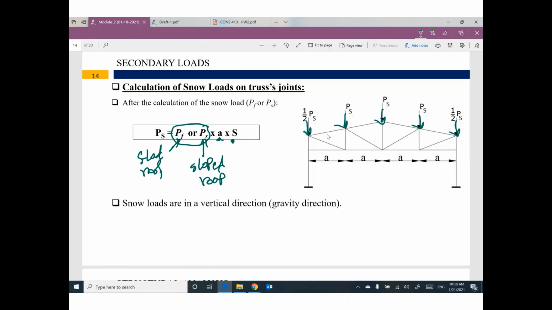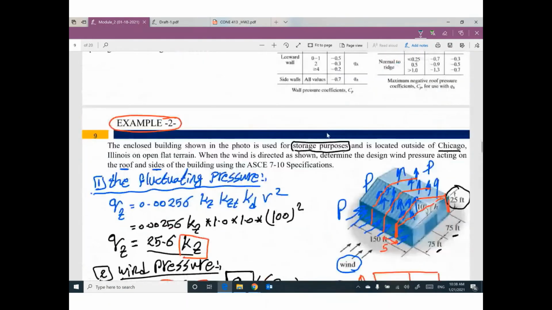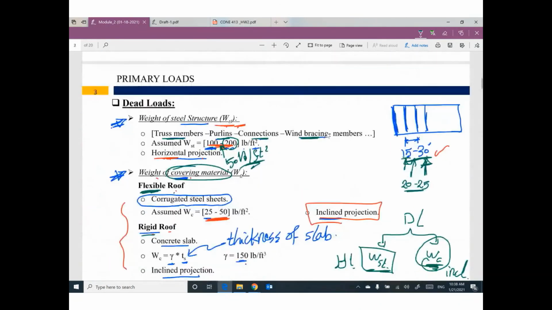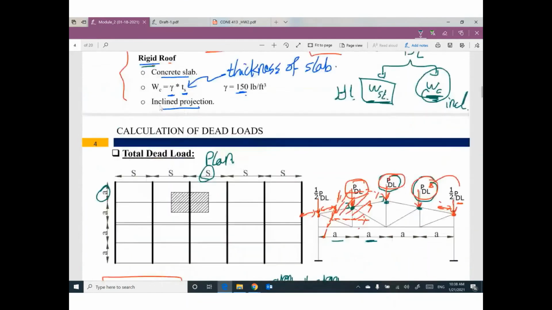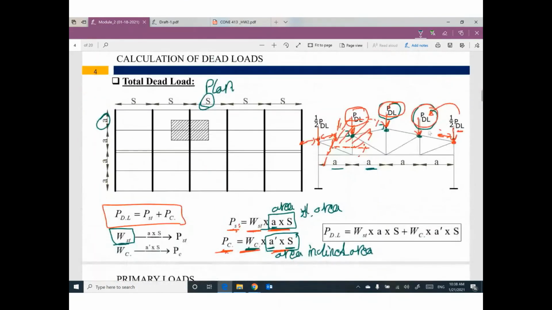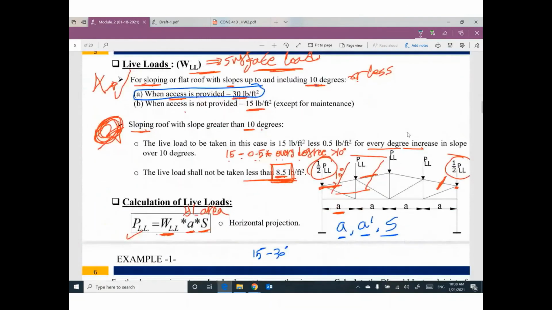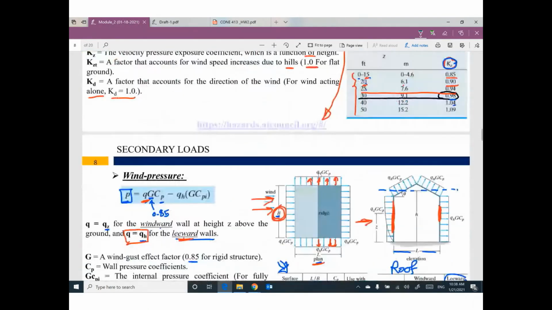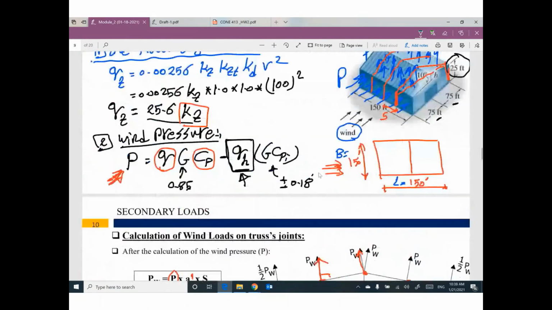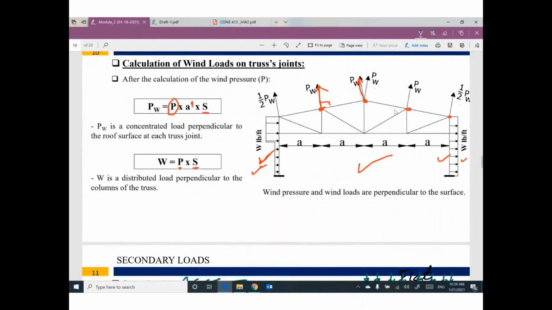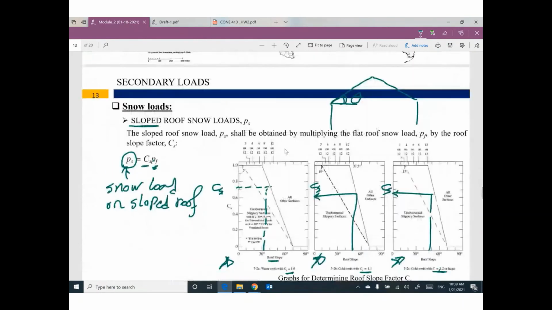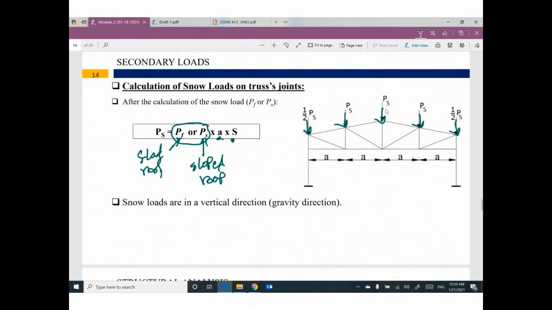So guys, if you go back to the previous meeting, we converted the dead load of the building to a concentrated load on the truss, and the live load of the building to a concentrated load on the truss. Today, the wind load to a concentrated load on the truss, and the snow load to a concentrated load on the truss.